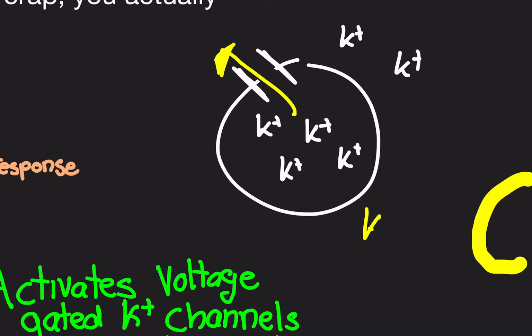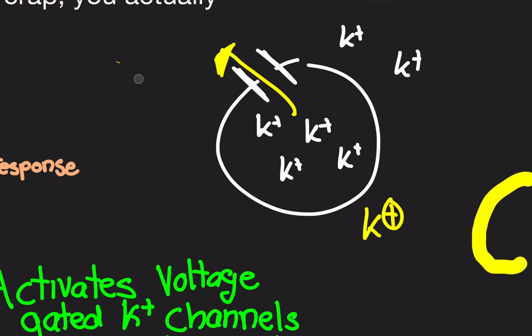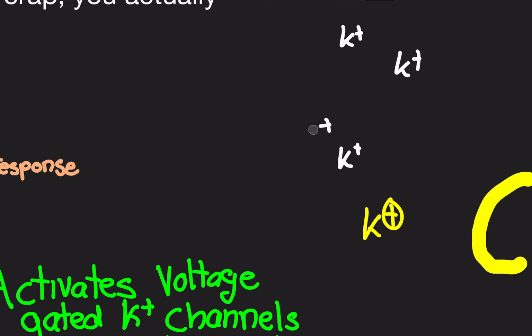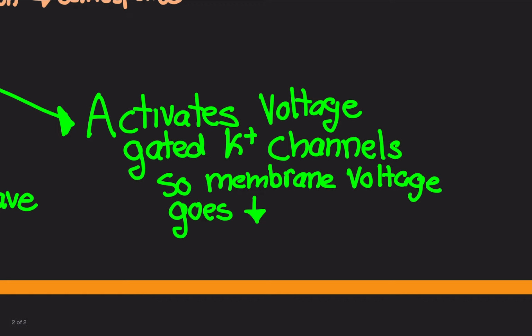And remember, potassium is positively charged. So if positive stuff leaves the cell, the voltage will go down. If we started at negative 45, we're going to go down to, I don't know, negative 80 or whatever, lowering the voltage. Because remember, how calcium leaves the sarcoplasmic reticulum is by voltage. But if we don't have that necessary voltage to open the sarcoplasmic reticulum, it ain't gonna happen. So it activates voltage-gated potassium channels so the membrane voltage goes down.